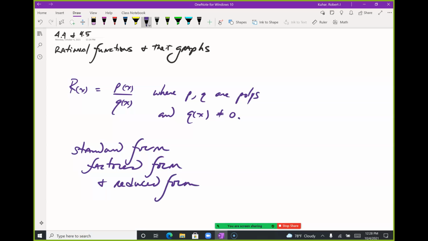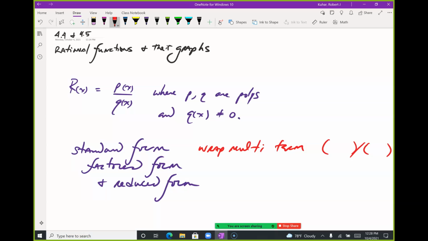In standard form, I have to be careful about multiple terms, right? I want to wrap multi-terms, not like an M&M type of way, but just with parentheses. Wrap the multi-term numerator divided by wrapped multi-term denominator.